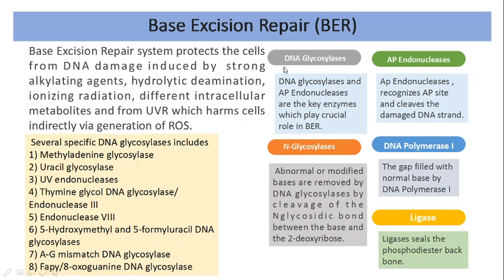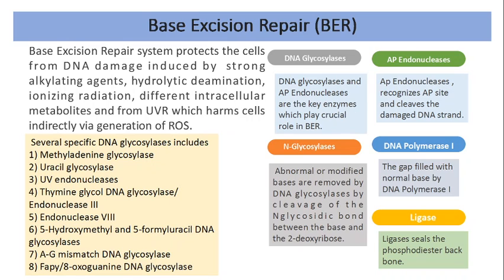First, there are two key enzymes, DNA glycosylase and AP endonuclease, which play a major role in the base excision repair system. N-glycosylase is a specific DNA glycosylase which recognizes the abnormal base, uracil, and removes it from DNA by hydrolysis.